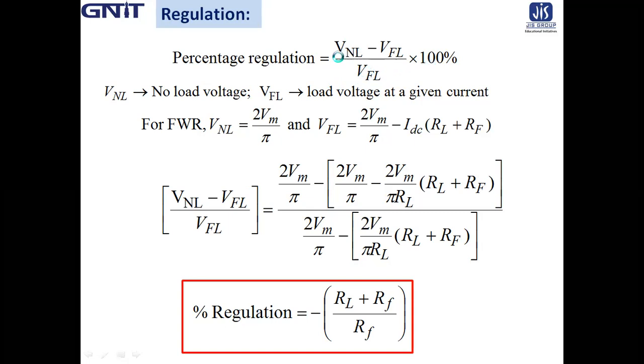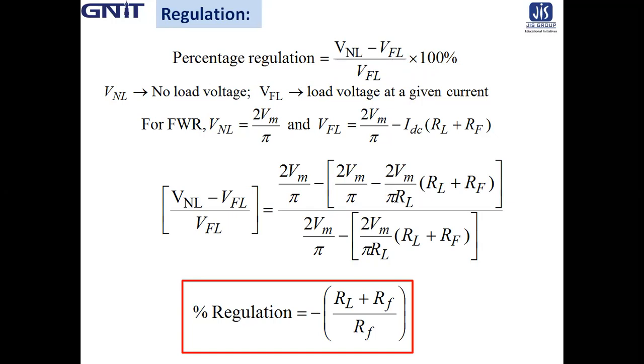VNL means no load voltage and VFL represents the full load voltage at a given current. An ideal power supply should have 0% regulation, that is, its voltage should not vary with load current.